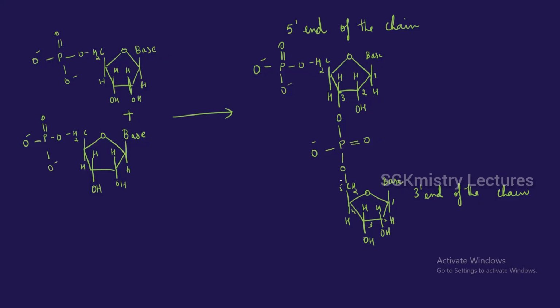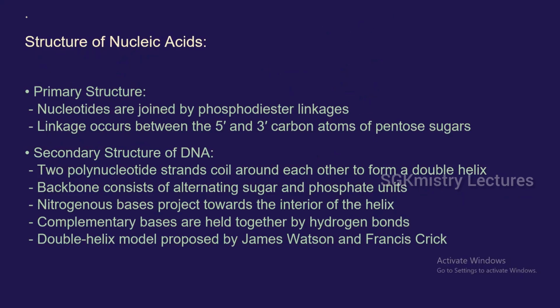So here I have shown how a dinucleotide is formed. Same way on either side, the chain continues and you can get the different nucleotides which are joined together to form the polynucleotide. Coming on to the structure of nucleic acids, when we are considering it as a whole.